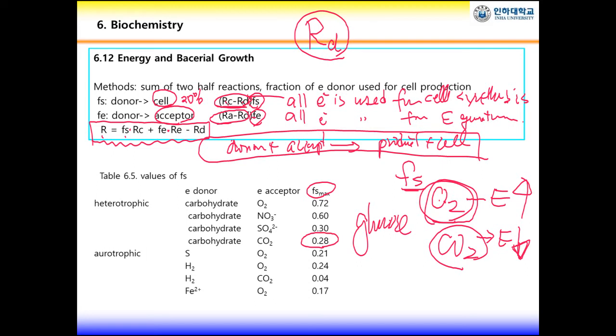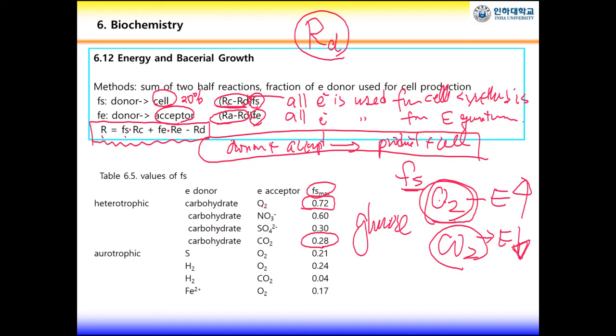So if we compare, with oxygen as the electron acceptor and carbohydrates such as glucose as the electron donor, then the value would be about 70%. What that means is 70% of electrons are converted into cells and only 30% is used for energy generation.